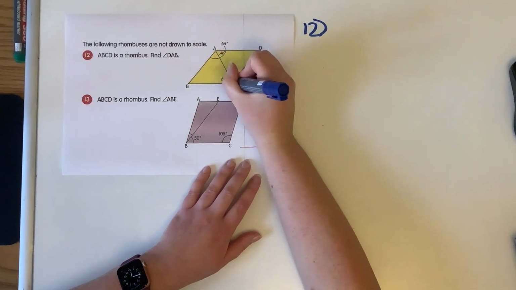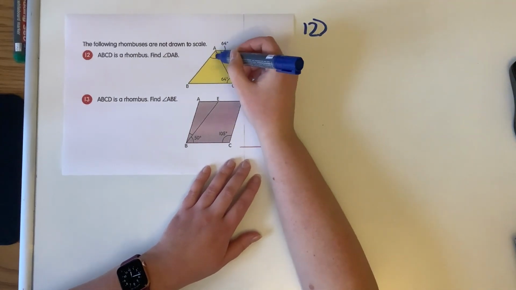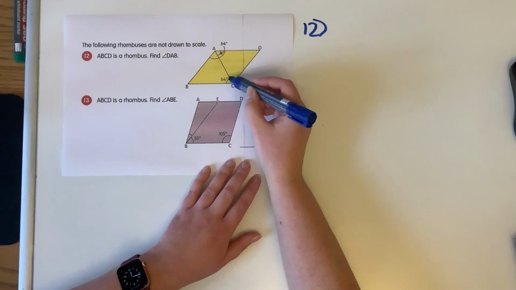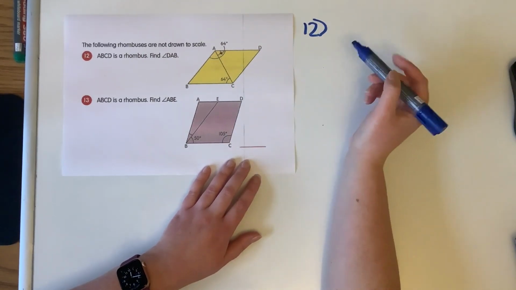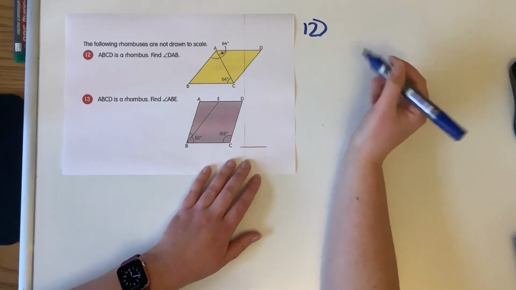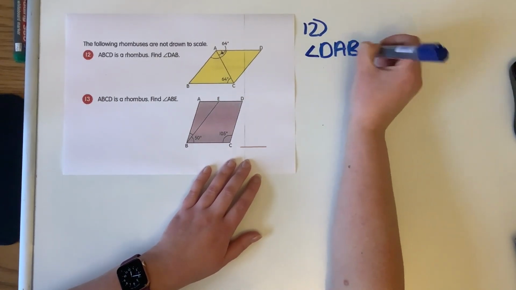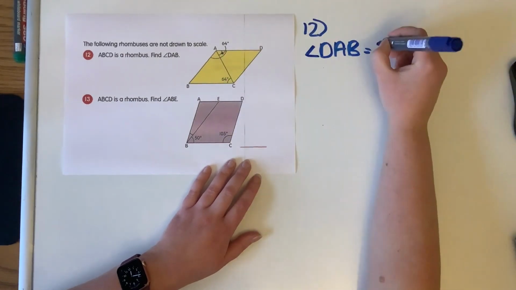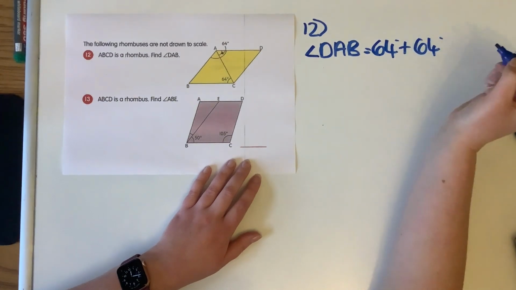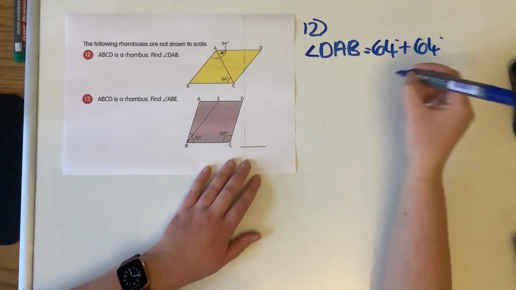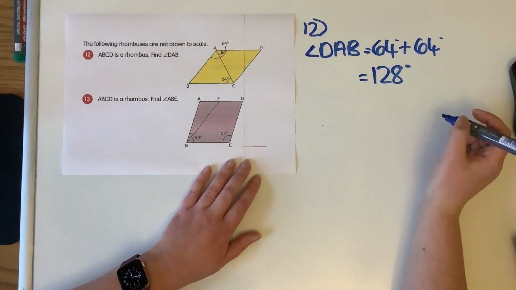So because both sides equal 64 degrees, that tells me that this side is also 64 degrees and this side is 64 degrees. So to find the angle DAB, the whole of the angle, I just need to do 64 add 64, or 64 times 2, which is 128 degrees. So well done if you got that one correct.